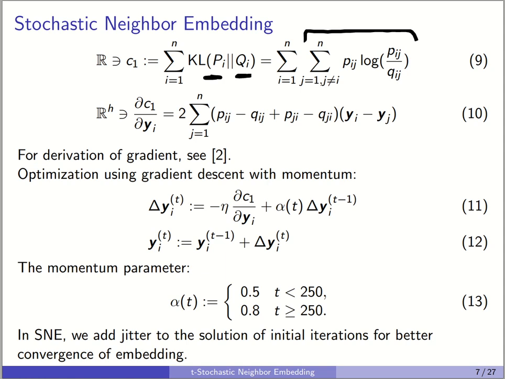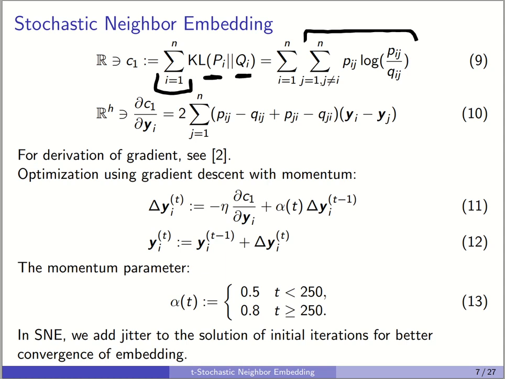So let's minimize this KL divergence. Why? Because when KL divergence is 0, these two distributions are exactly the same. When they are different, the more different their moments are, the more KL we have. And we are summing over all n data points.